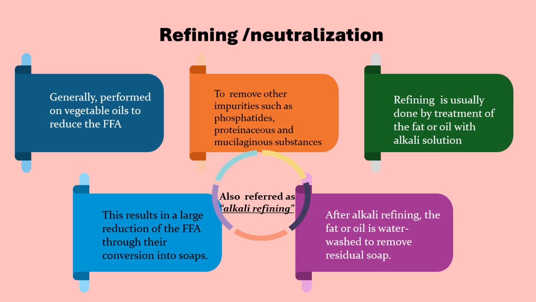Let's start defining the different types of processing methods used for oil seeds to produce the oil. First one is refining or neutralization, also referred to as alkali refining. This is generally performed on vegetable oils to remove the free fatty acids, and other impurities such as phosphatides, proteinaceous and mucilaginous substances.